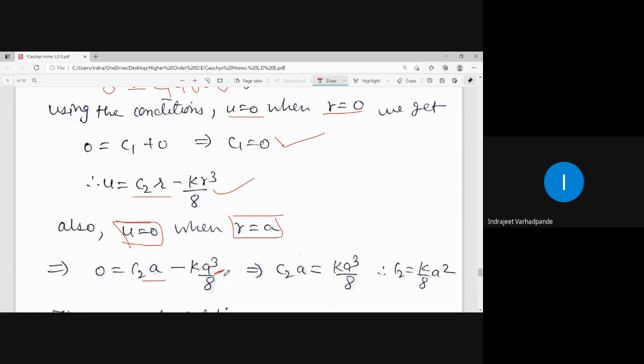So C2 a is equal to k by 8 a cube. C2 is equal to k by 8 a cube divided by a. This a will come over here. A cube divided by a is a square. So the value of C2 is k by 8 a square.